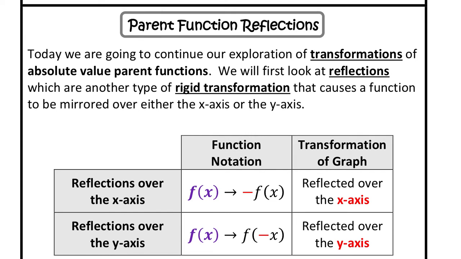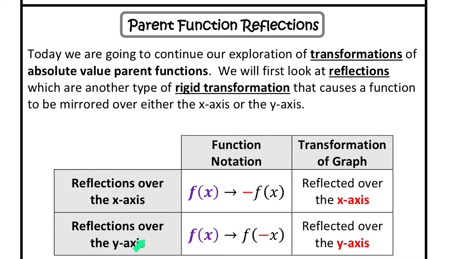Okay, and so there's two types of reflections we can see. You can reflect something over the x-axis, and you can reflect something over the y-axis. And we've seen both of these in the parent functions.